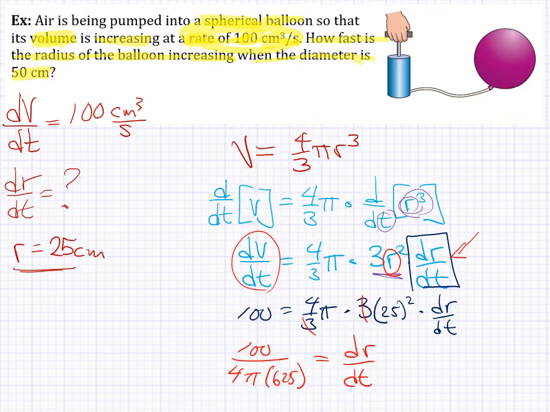The 100 and the 4 cancel, we get 25. The 25 and the 625 cancel, giving us 25. And so dr/dt would be 1 over 25 pi.